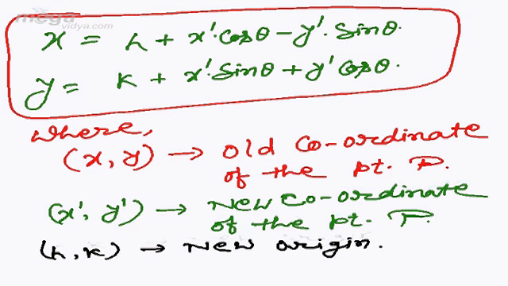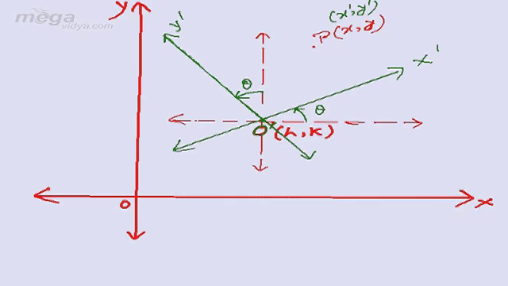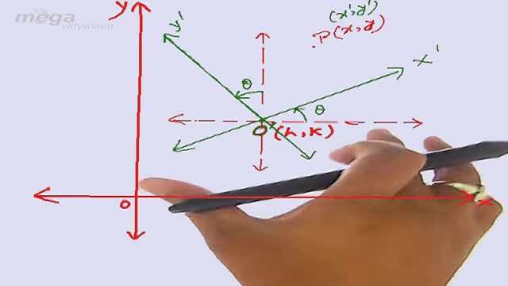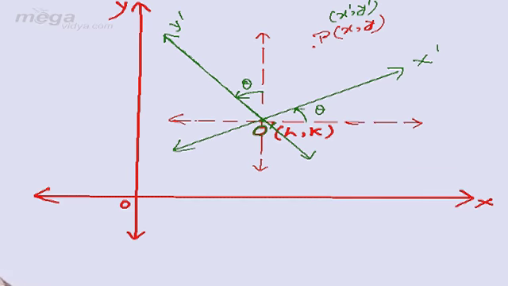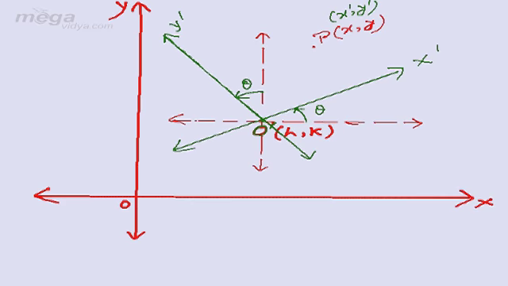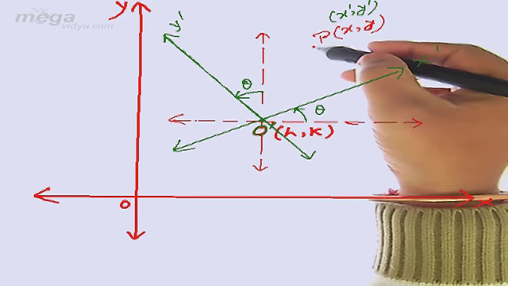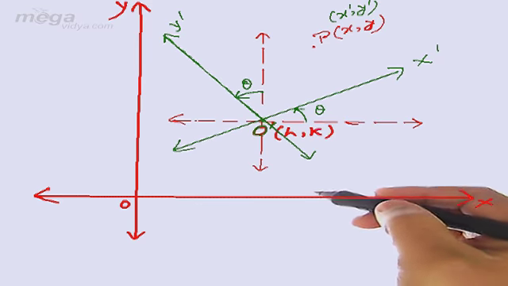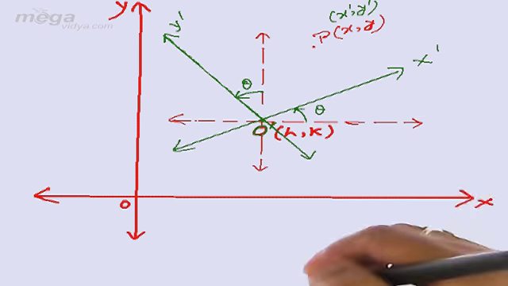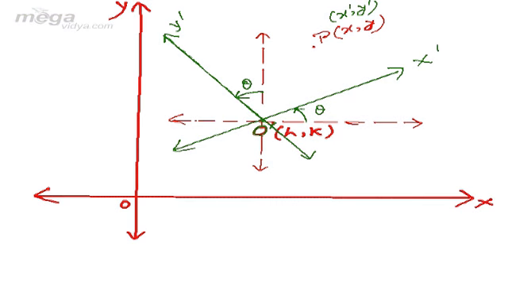Now student, in this situation the coordinate axis is first shifted and then rotated, and we will find this relation with the help of the previous session we did last time: we will draw the perpendicular from P to the old axis, draw the perpendicular from P to the new axis, and after that we will find the coordinate.